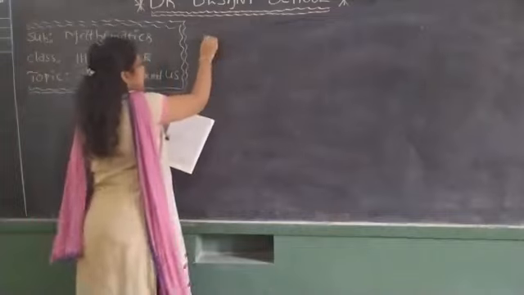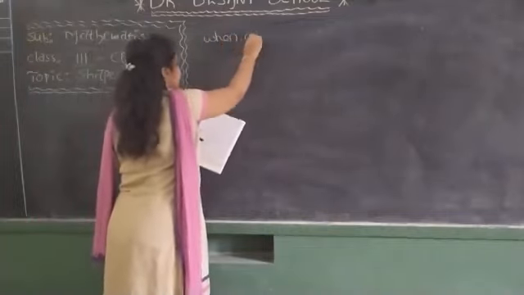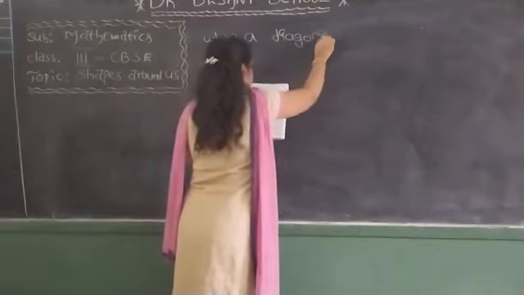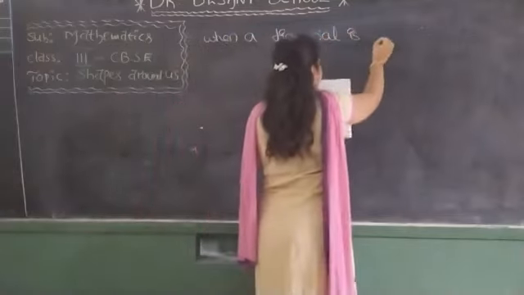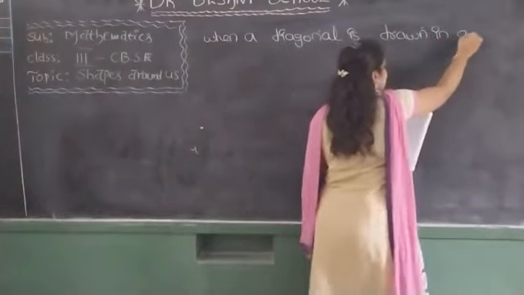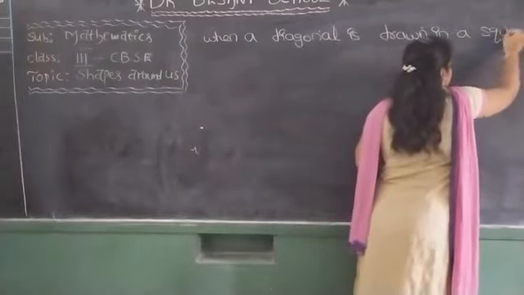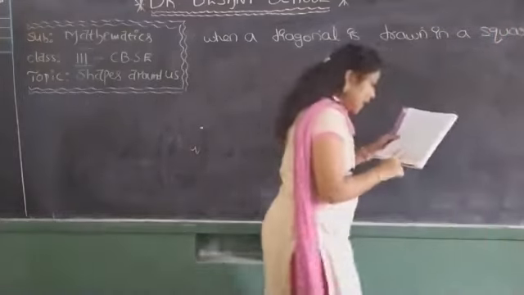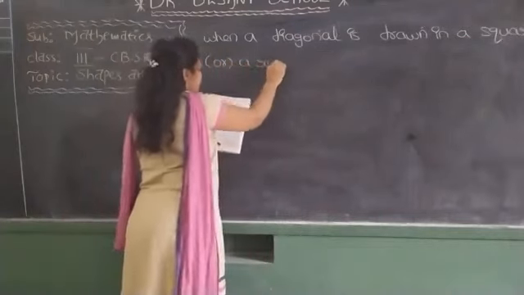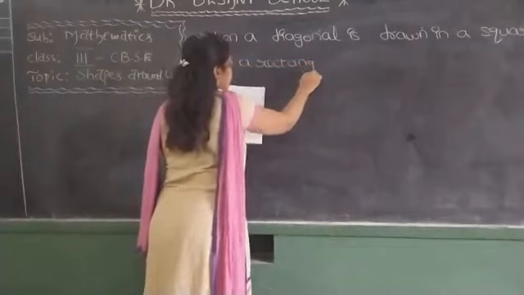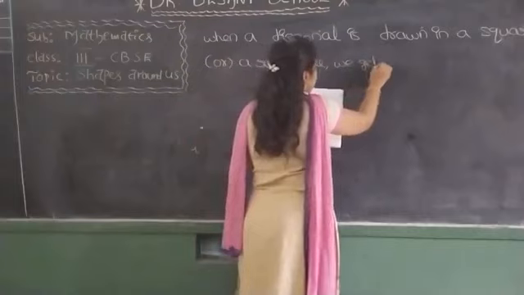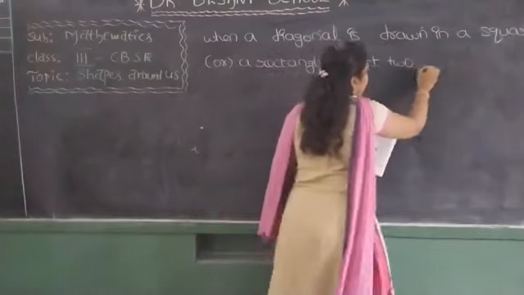When a diagonal is drawn in a square or a rectangle, we get 2 dash.